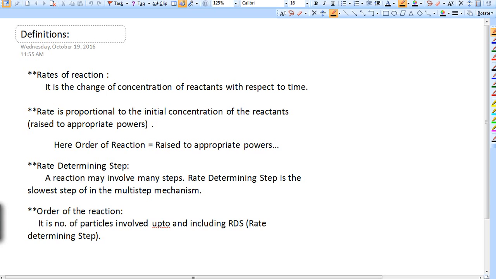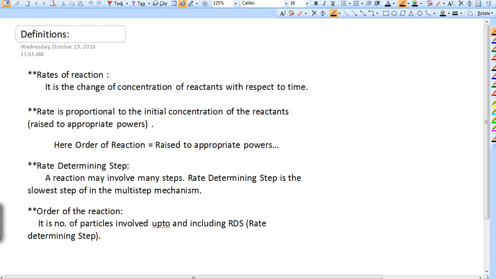Since we are dealing with the topic of rates of reaction, we need to know its definition. It is the change of concentration of reactants with respect to time. Rate of reaction simply means change of concentration with respect to time.